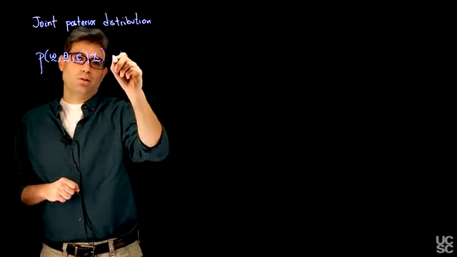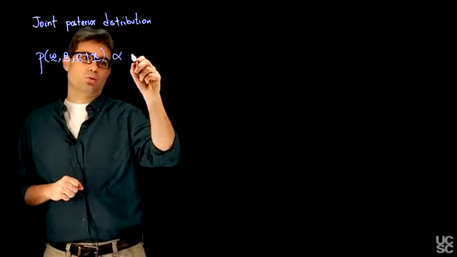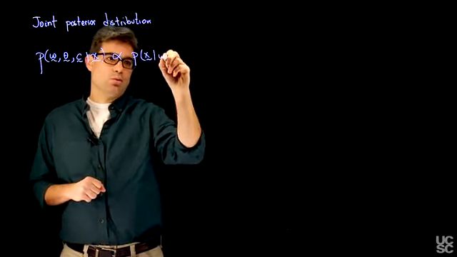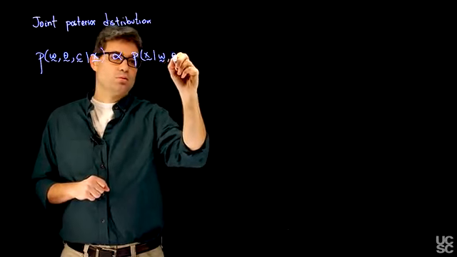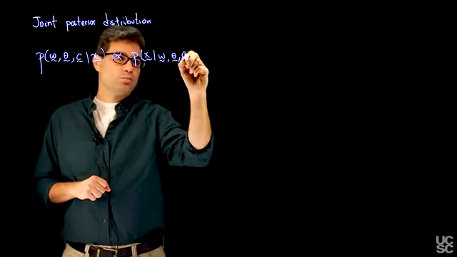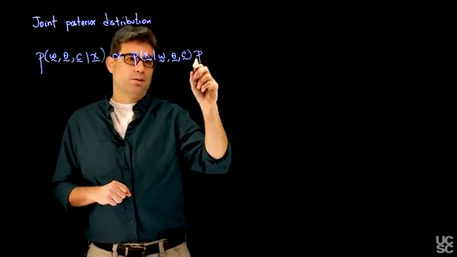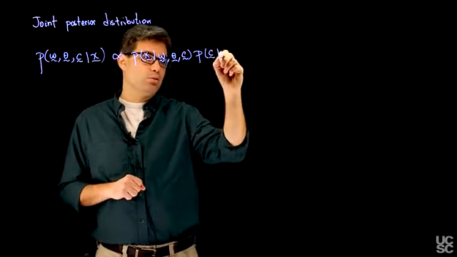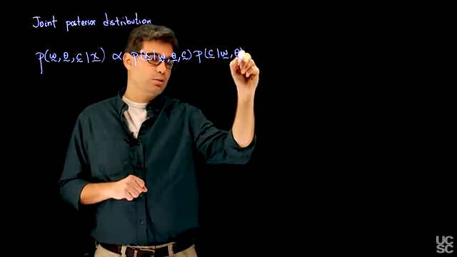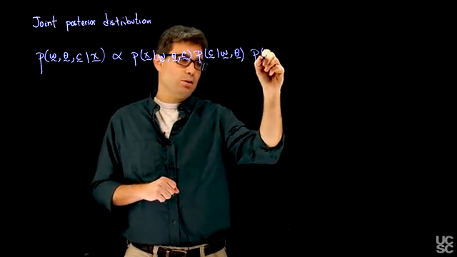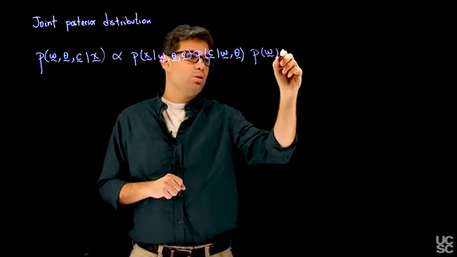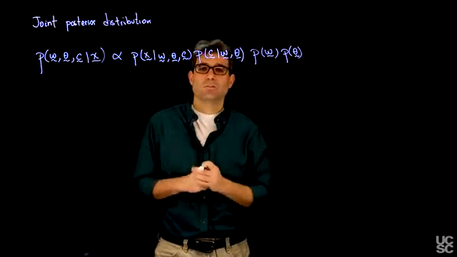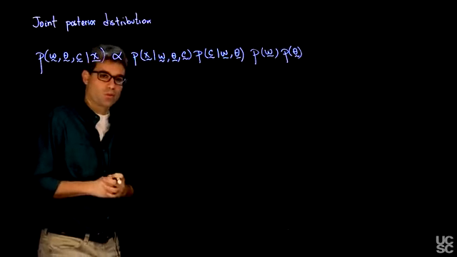And by definition, this quantity is proportional to the distribution of the data given all the parameters, multiplied by the distribution of the missing data parameters given omega and theta, multiplied by the prior distribution on omega, multiplied by the prior distribution on the theta. So this is the general form for that posterior distribution.